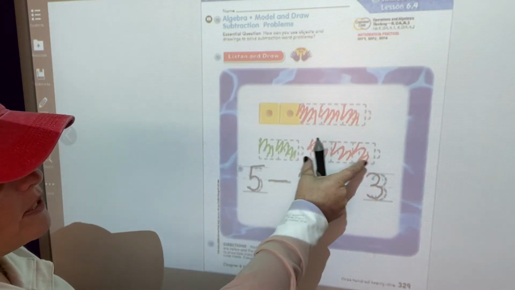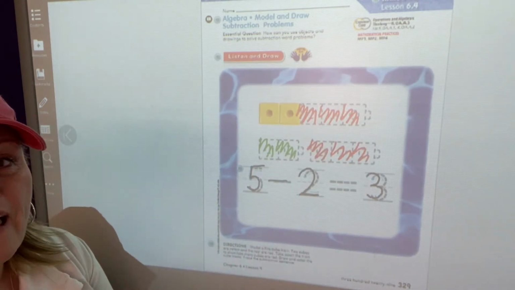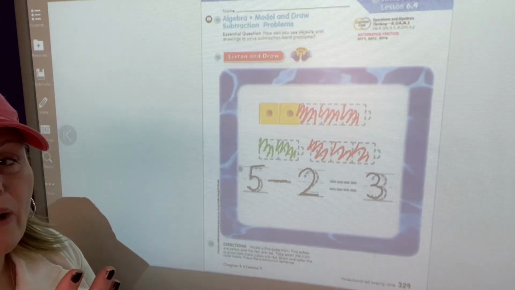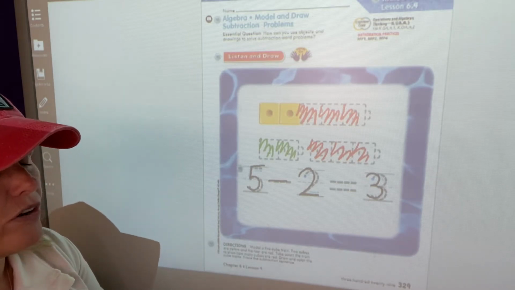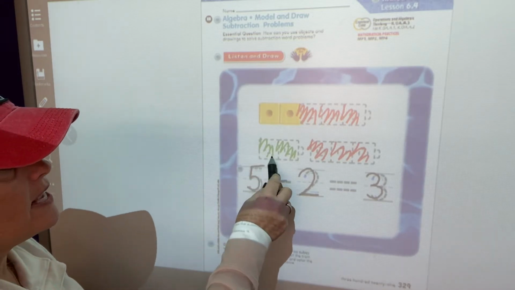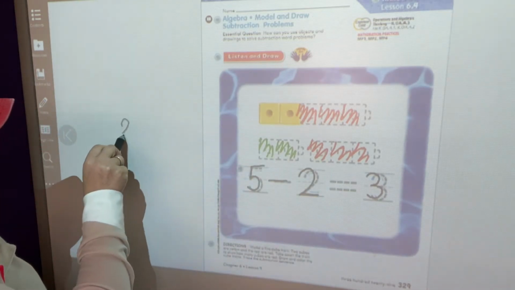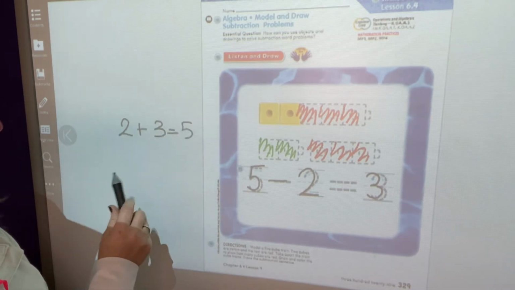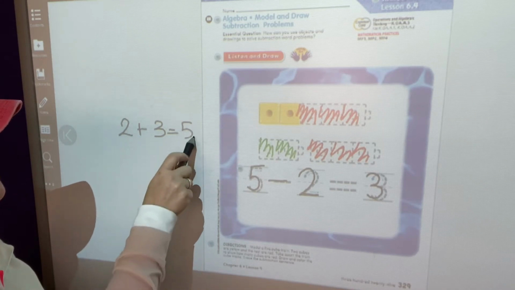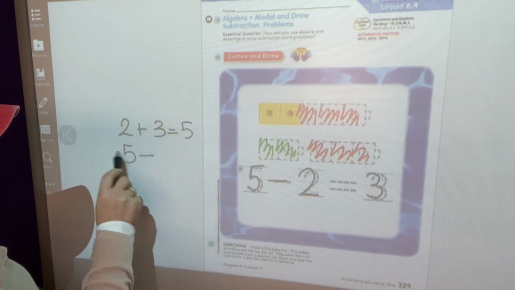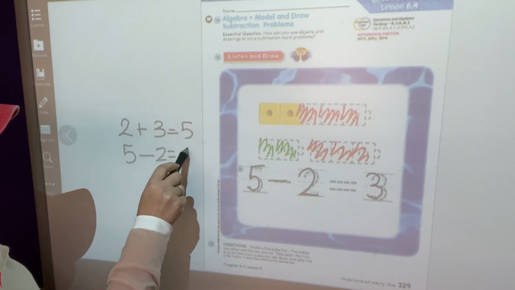Do you notice how they are putting that together? 2 and 3. We did a little bit of that last week in addition, and we talked about how those addition sentences could turn into subtraction. So this is like saying 2 plus 3 equals 5. And all we're doing now, though, is turning this to the beginning. 5, take away one of these numbers, 2 equals 3.